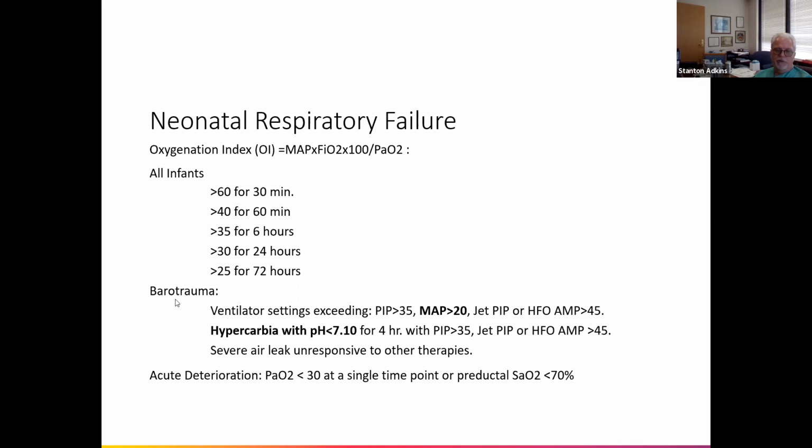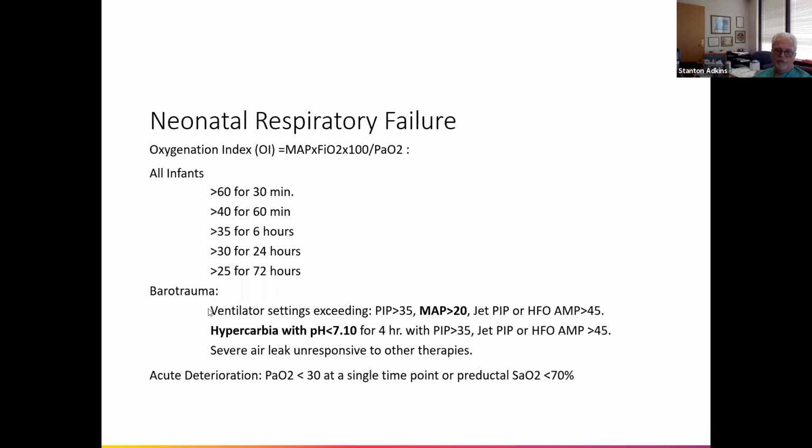Infants who are experiencing barotrauma because the PIPs are really high, the mean airway pressures are really high, or who have hypercarbia despite all of that for a long period of time, or who have an air leak that just can't be managed any other way, are also candidates for ECMO.